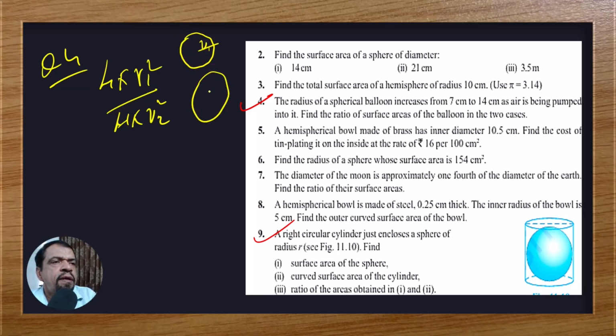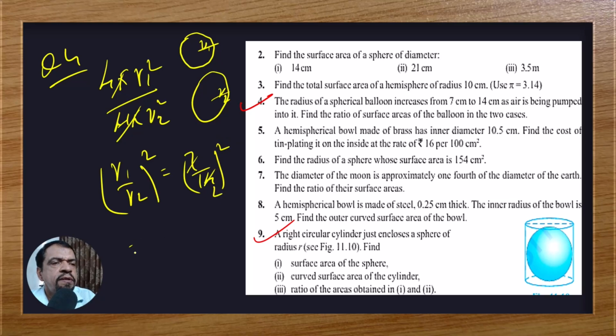Then after filling the air, it is r2. 4 pi cancel, it will be r1 upon r2 whole square. Now it increases 7 to 14. So we can write 7 upon 14 whole square. So it will be 1 upon 4. So answer will be 1 upon 4 or 1:4 ratio.